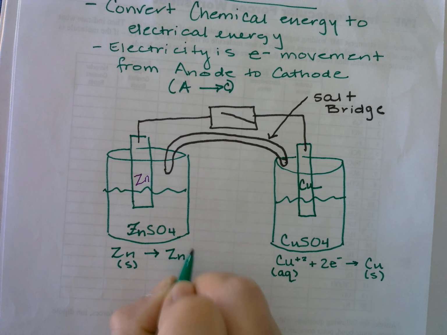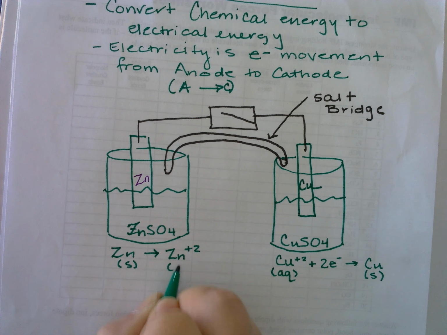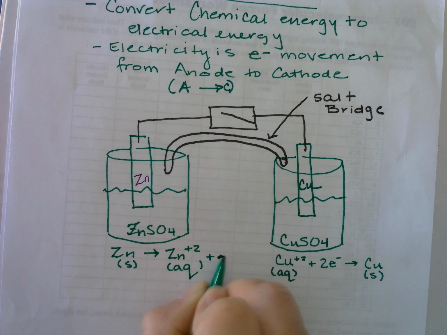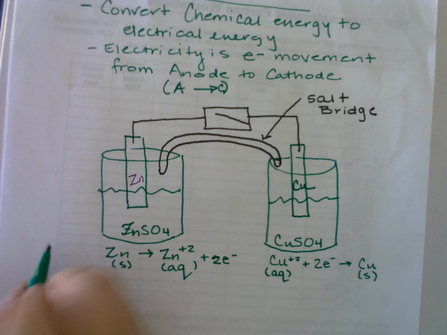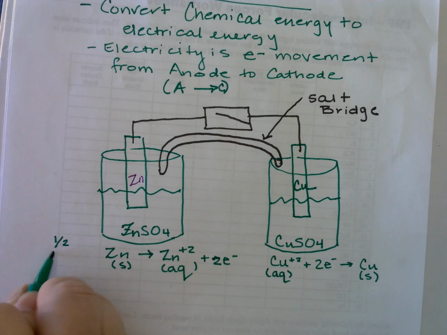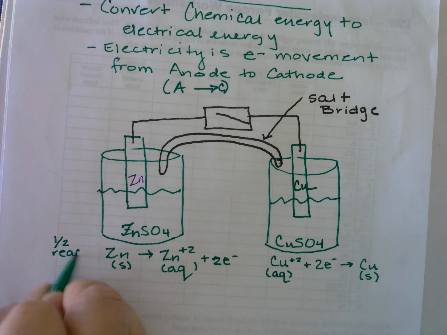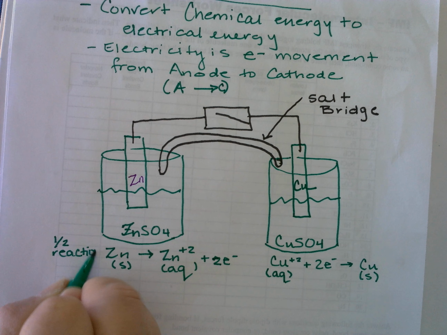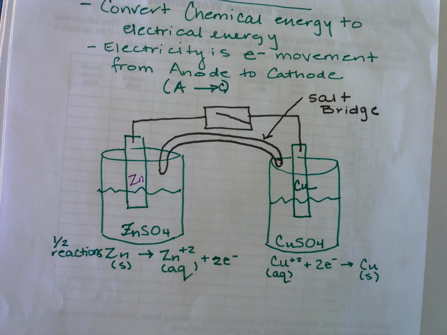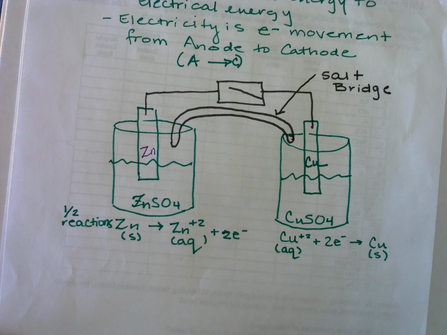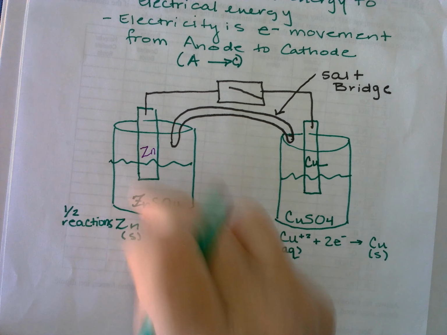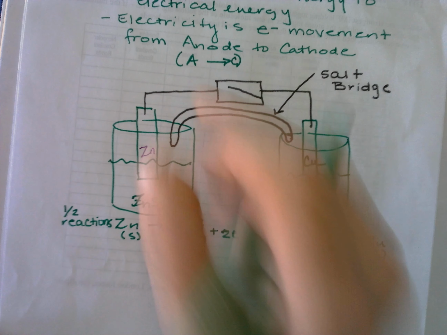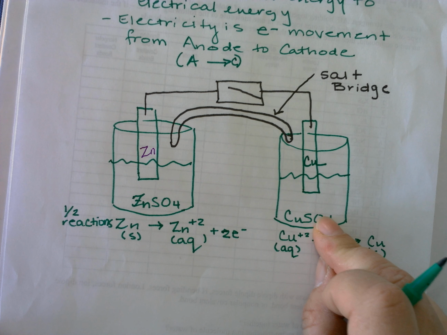We end up with Zn2+ (aqueous) plus 2 electrons. These are called half reactions, and you can see why, because one cannot go without the other. As one electrode loses electrons, the other electrode gains electrons.